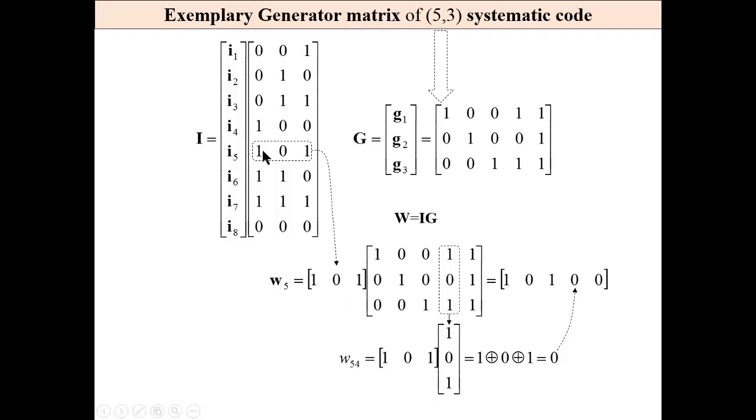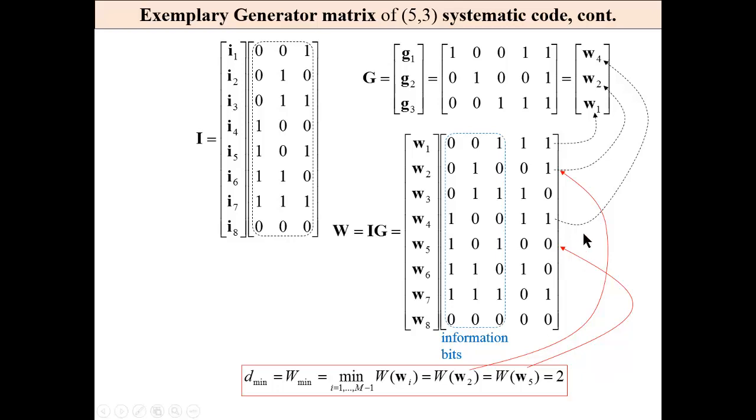For example, this information word, when multiplied by this matrix, will give this code word. The multiplication is the same as multiplication for regular matrices. The only difference is that addition is modulo-2 addition.